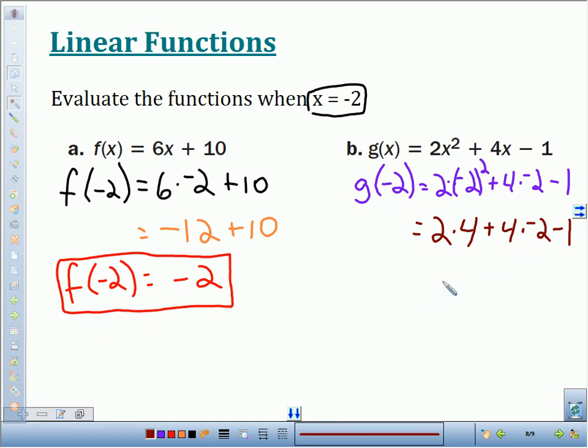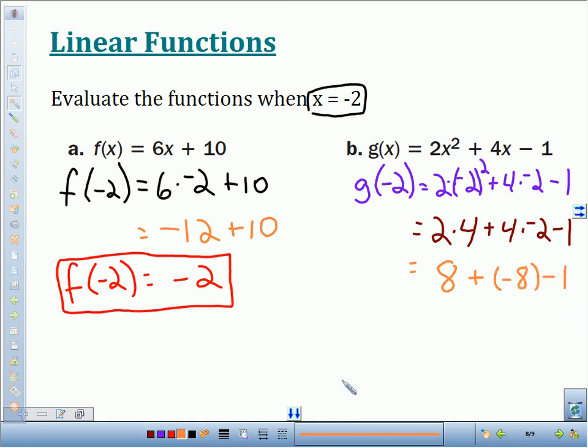Once I've done my exponents, I have to do my multiplication. I have 2 times 4, and I also have 4 times negative 2. So I'm going to do both of those multiplication steps at one time, going left to right. 2 times 4 is 8. 4 times negative 2 is negative 8.